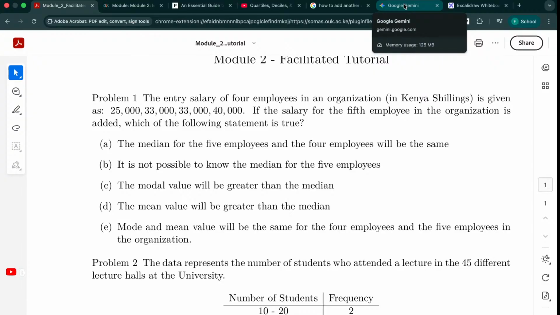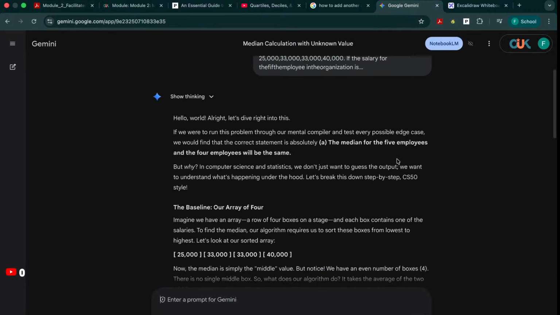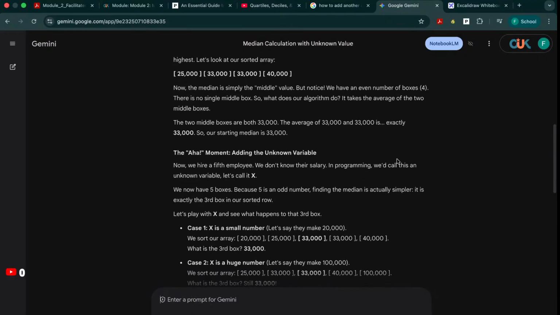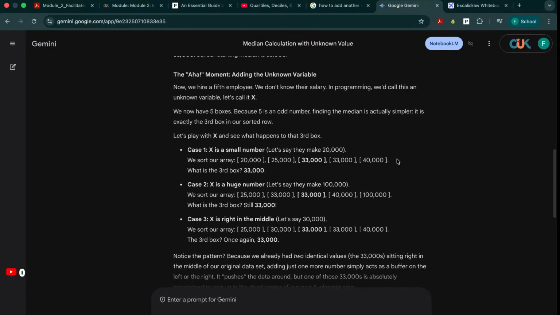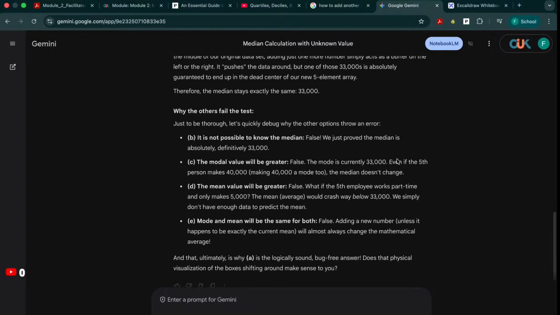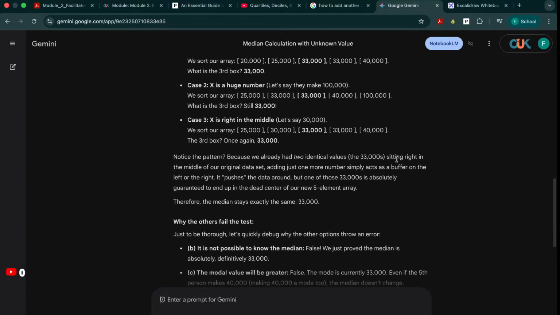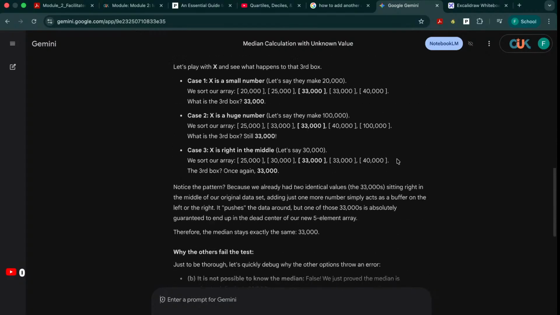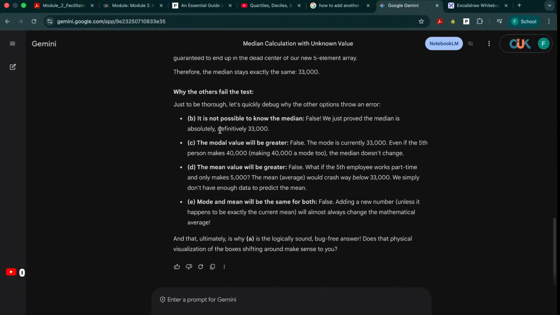We check what the AI's response was. I have already planted it. For B, we said it is not possible to know the median, and it is false. That is number 2, which I failed. I said it's true. Number 3, I said false.